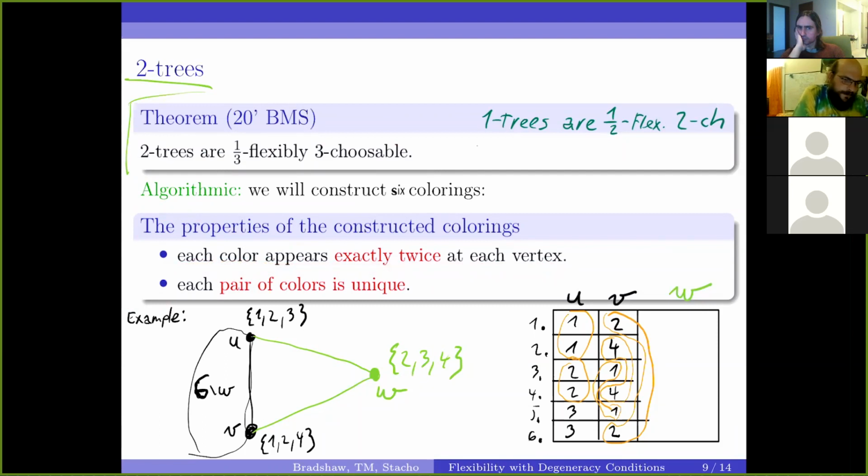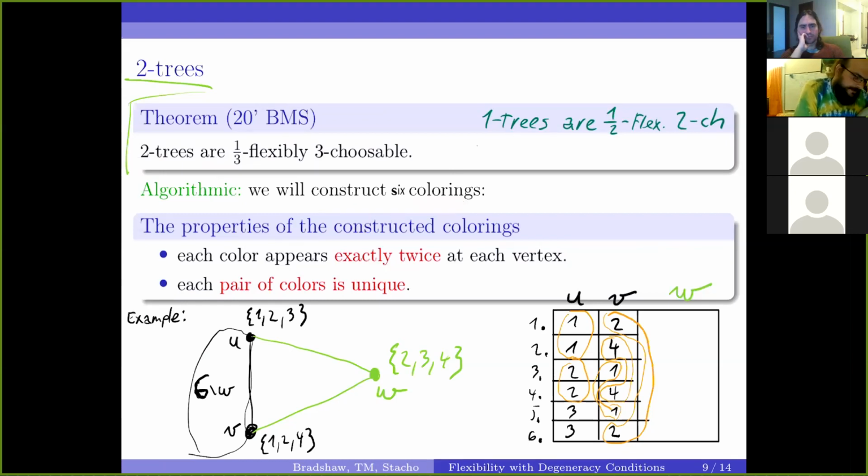Then we know that at least one of the colorings has to satisfy at least a third of the requests, because we have 3 colors, each color twice, and 6 colorings. So the requested color has to appear in at least a third of them. So this is how the result is implied.